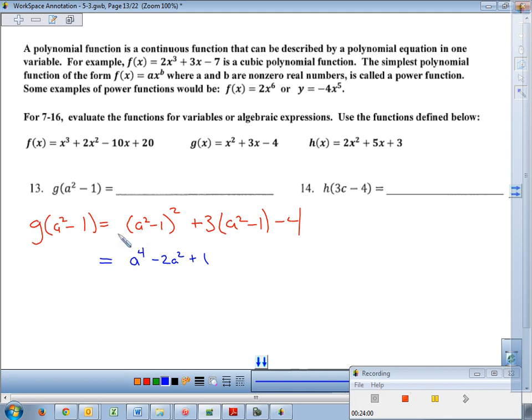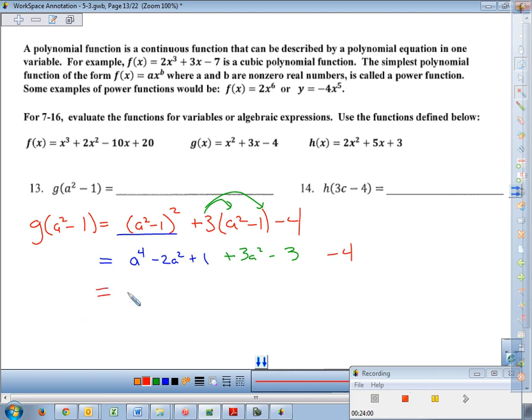We have done this. This guy, we do the distributive property on, correct? It's just a monomial times a binomial. So that would be plus 3a squared minus 3. Capiche? And then, of course, there's the minus 4 there also. Neato. Next move, finish it.